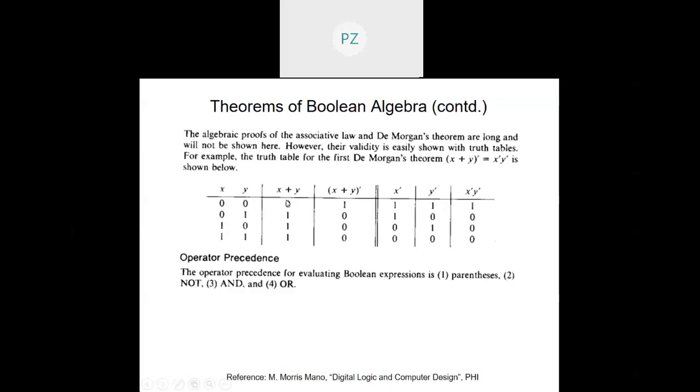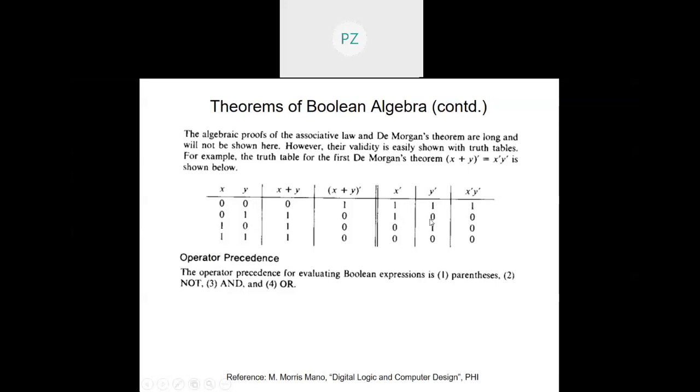Out of it, x plus y, this is the truth table of or, and x plus y bar will just be the complement of it, which will be 1 0 0 0, right? So we've got the left hand side. Now let us look at the right hand side. X dash, complemented 1 1 0 0, will be 0 0 1 1, and y dash will be 1 0 1 0, and you take the and of it. 1 dot 1 is 1, and anything ANDed with 0 will be 0.